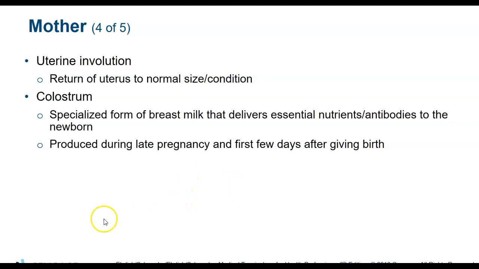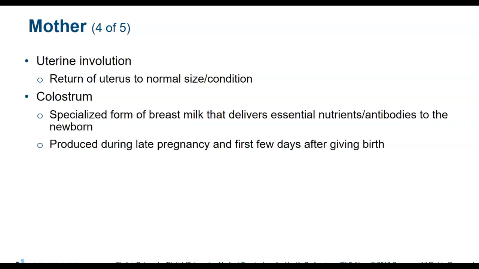Uterine involution is when the uterus returns to its normal size and normal condition. Colostrum is that first milk that comes from the breast. This is really, really important, because it delivers nutrients and antibodies from the mom to that baby.